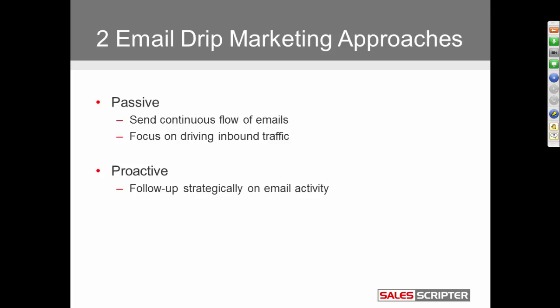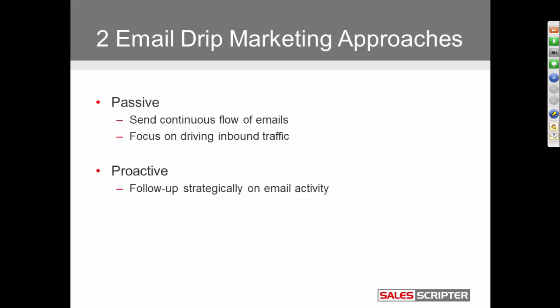The other thing to think about is that you can have two different approaches with email drip marketing: passive or proactive. Passive might be, I'm just going to continue to email market, drive people to my website and back to me, and I'll talk to the people who contact me.